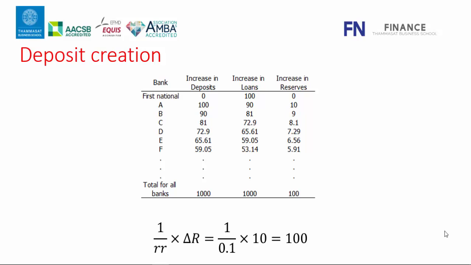Okay? 1 over 0.1 multiplied by 10 equals 100. So in the system, suppose we let the process occur iteratively again and again, so on and so forth. We will end up with 100 million of total reserves.